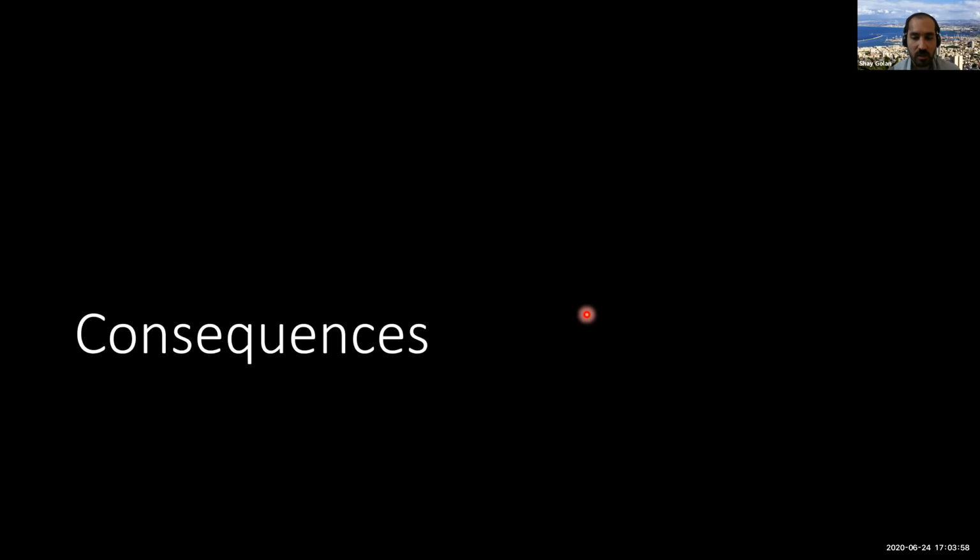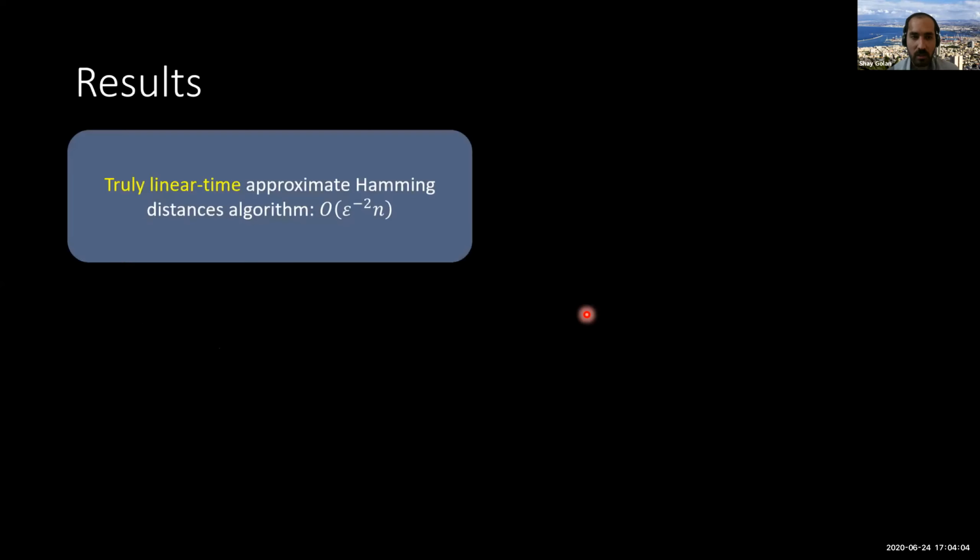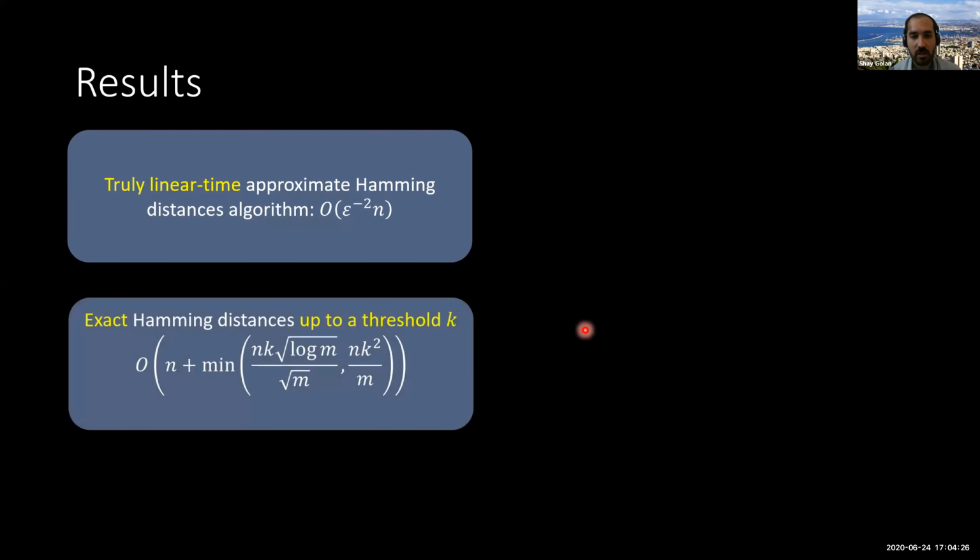In addition to the general title of approximate text to pattern, we show that using the same technique, we can achieve many results in different versions of the problem. So for example, we can achieve truly linear time, which means that our dependence on n is just linear. This is done by bit packing tricks.